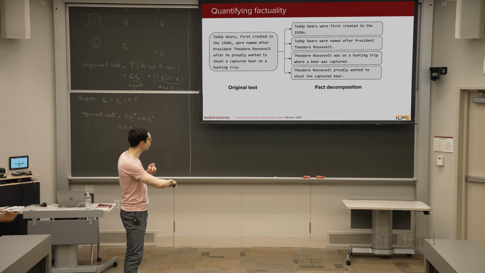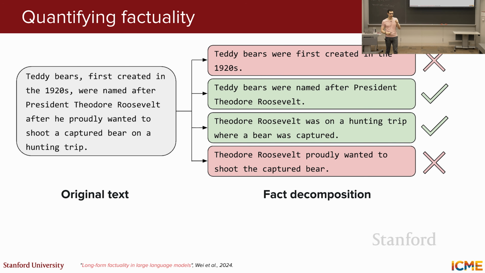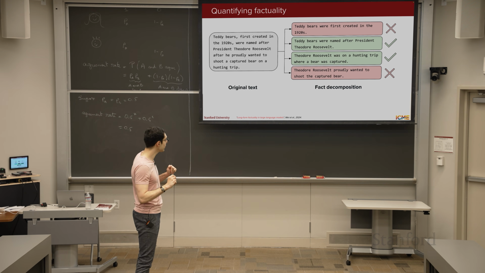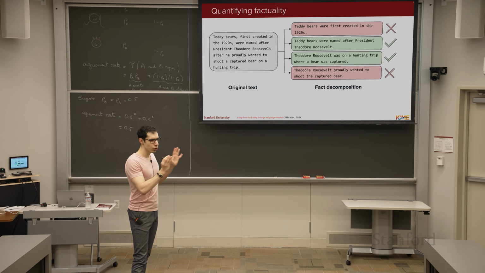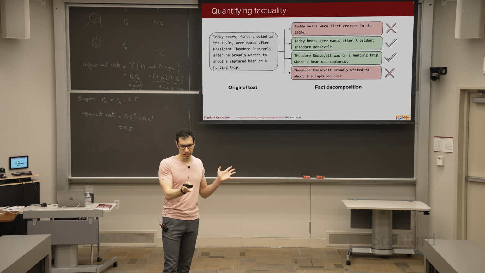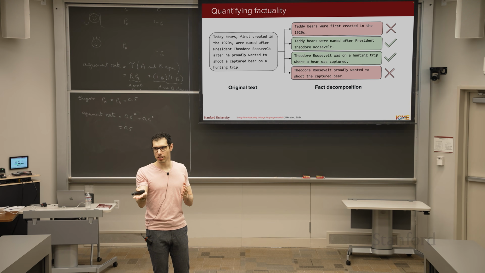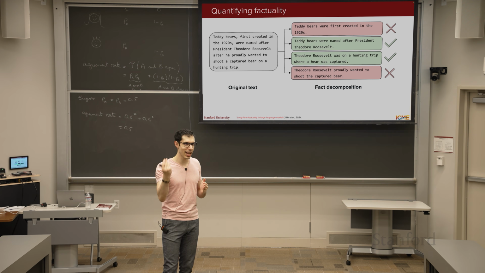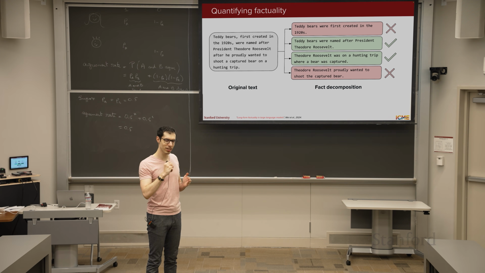The second step is we would go over each of these facts and check whether it is correct or not. Here, we would typically proceed in a binary fashion, because if you think about it, a fact is either correct or not. I mean, you may have some in between, but we don't want to overcomplicate the task. The fact-checking process would typically involve the other techniques we've seen last lecture, like RAG, for instance.